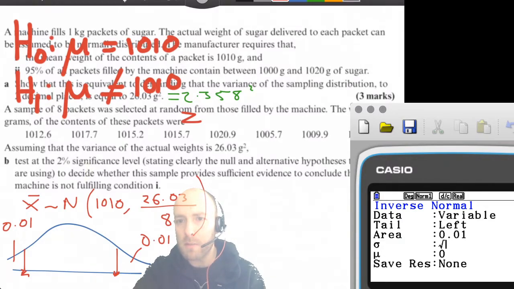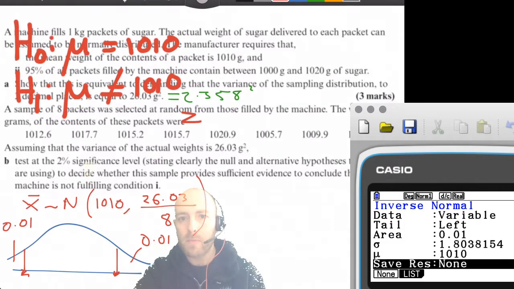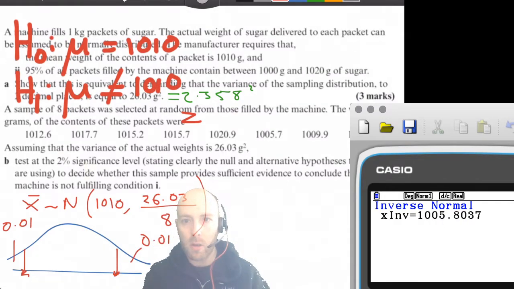Root everything this time because it's all variance. And the mean is 1010. Cool. So we get a value of 1005.8. So that's my lower value.